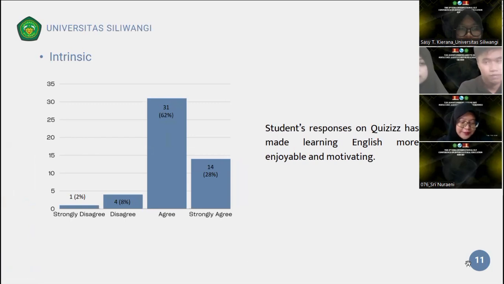So in the intrinsic part, the results show that 14 students or 28% gain a strongly agree attitude, while the 31 students or 62% gain an agree attitude. It can be means that 90% of students have a higher level, or indicating that quizzes have made learning English more enjoyable and motivating.